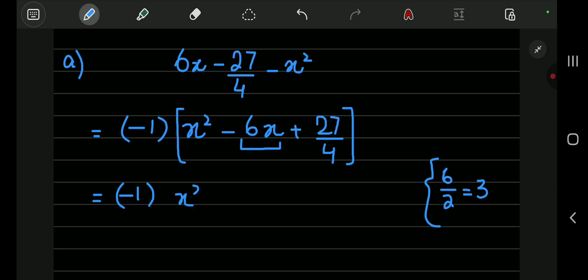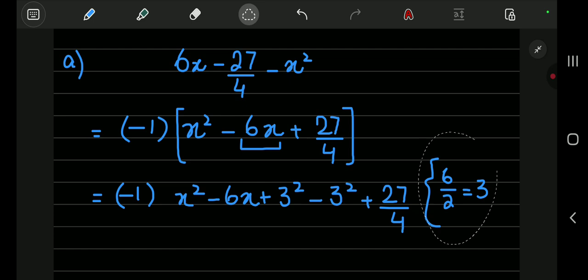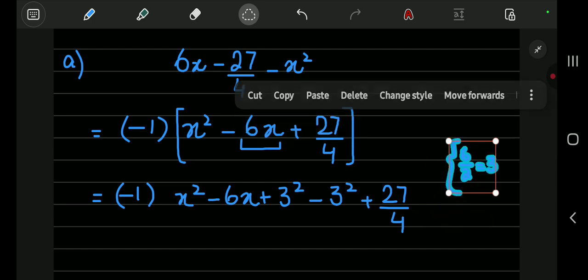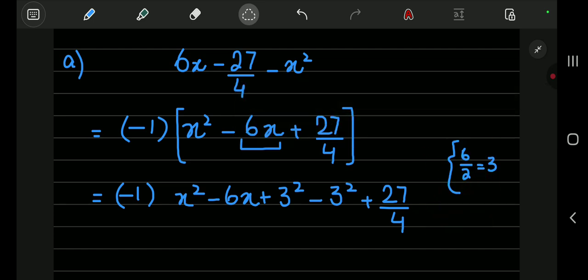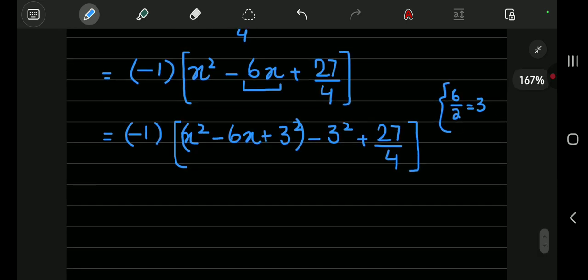So x square minus 6x plus 3 square minus 3 square plus 27 over 4. Then keep this bracket. Okay, this is giving you a complete square, and that is x minus 3 whole square minus 9 plus 27 over 4.